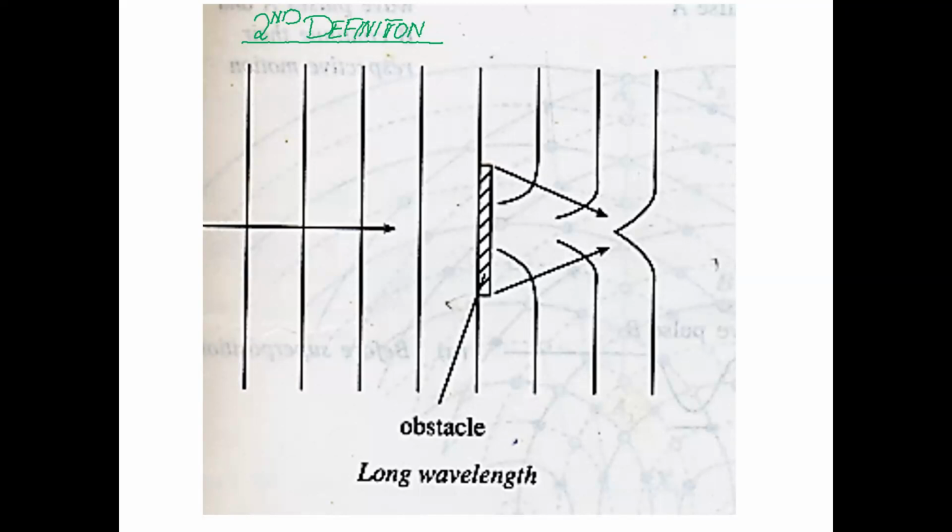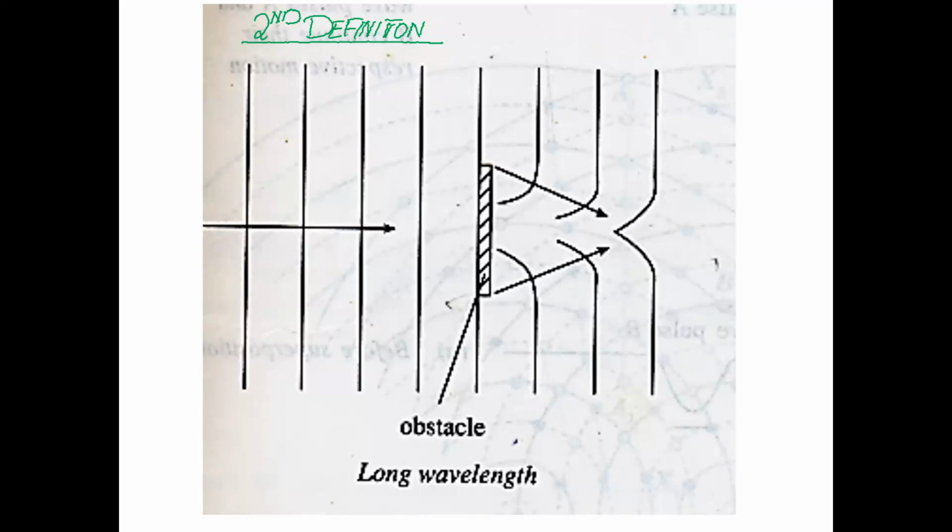Yes, what is the second definition? Yes, anyone? When waves come across an obstacle, like you put a stone in the flow of water, the water waves split over the obstacle.